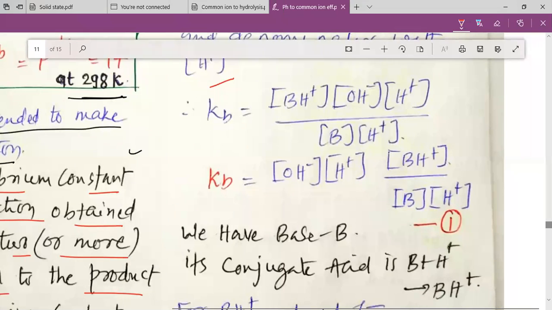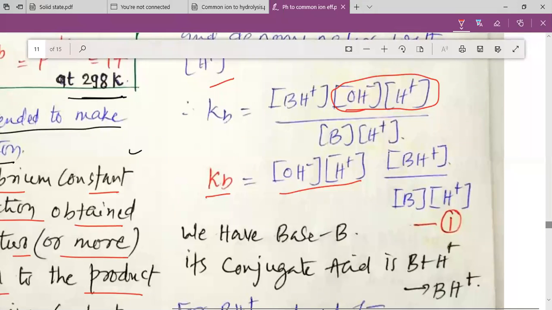So here we have multiplied both of them with the concentration of H plus. We are well aware that, my dear students, we can write it in this form. This term we will write together, so we will have OH minus and H plus. Then what is left with us we will write separately: the concentration of BH plus divided by the concentration of B multiplied by the concentration of H plus.